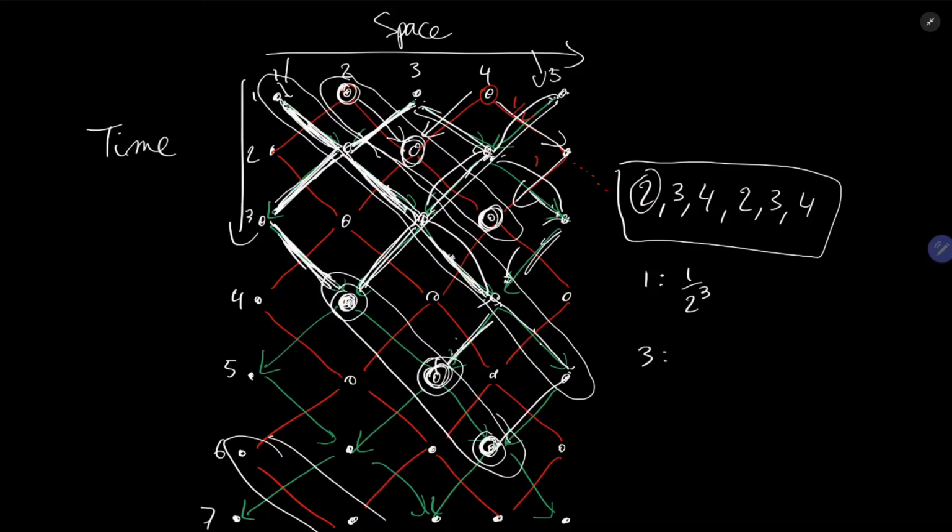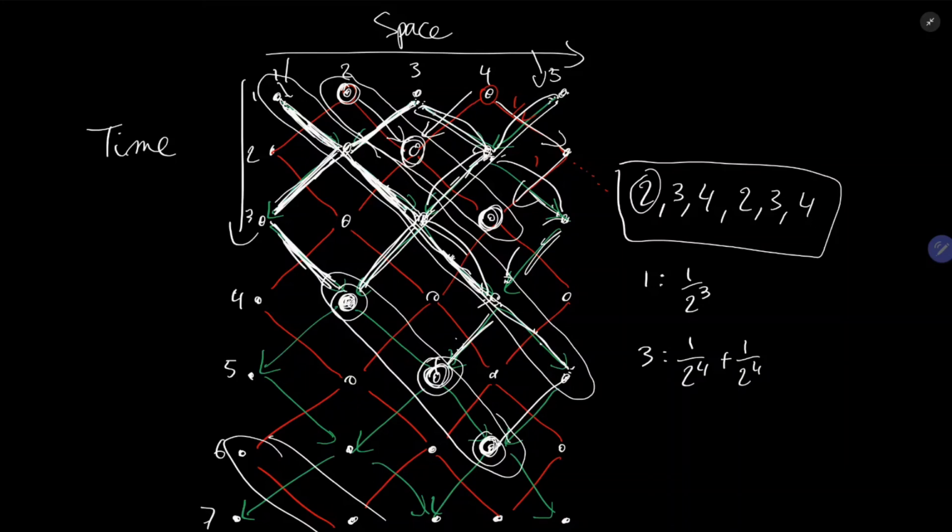If we start from hole number 3, in that case, we can use this path. Here, continue here, and go there. So we have 1/2 that is multiplied 1, 2, 3, 4 times. Or we can use that path, 1, 2, 3, 4, and the probability at the end is only 1.